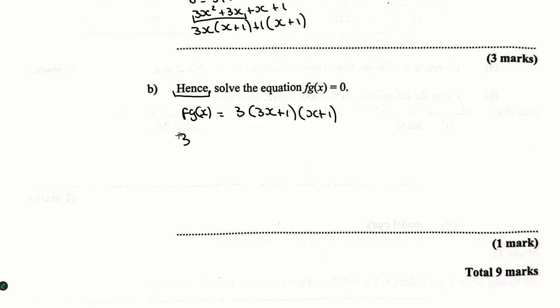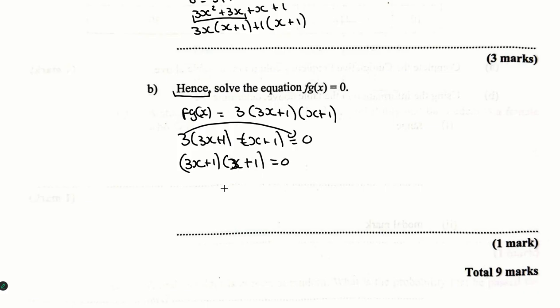Now you're going to let 3 by 3x plus 1 by x plus 1 equal 0. Carry across and multiply by 3 will turn to divide by 3. So you have 3x plus 1 by 3 by x plus 1 is equal to 0.